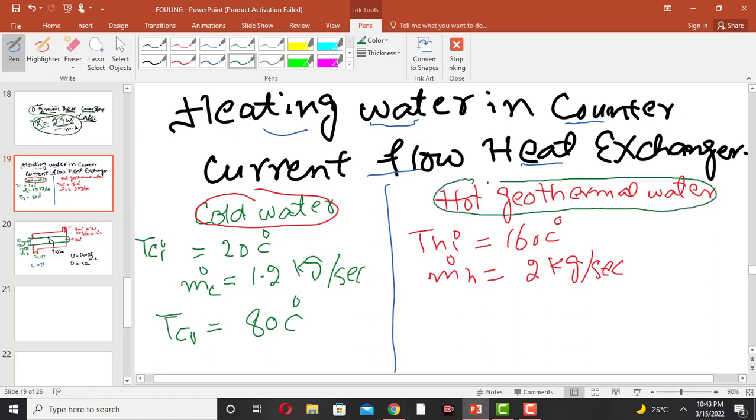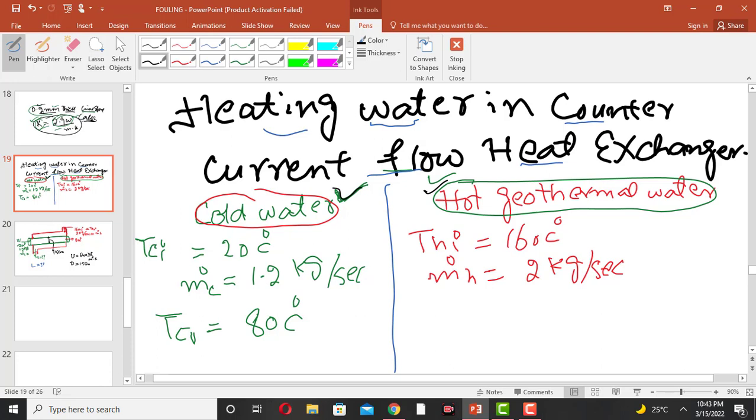The hot geothermal water will give its heat to the cold water, so the temperature of the cold water in the counter current flow heat exchanger will increase and the temperature of the hot water will decrease.